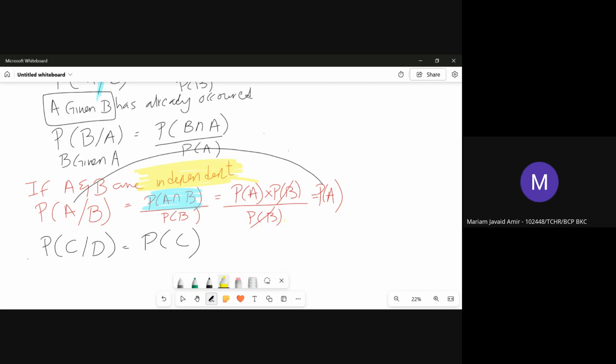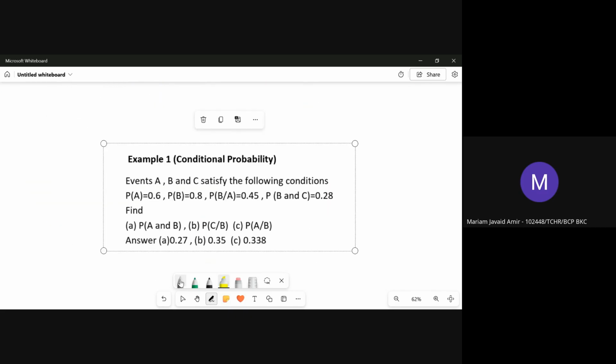Okay. Now let's take a look at a few example questions. This is example number 1 from worksheet 3A that you can find in the Drive link. I think I've named it Introduction to Probability. Example 1. Events A, B, and C satisfy the following conditions. Probability of A is given to us, probability of B is given to us, probability of B given A is also given to us.